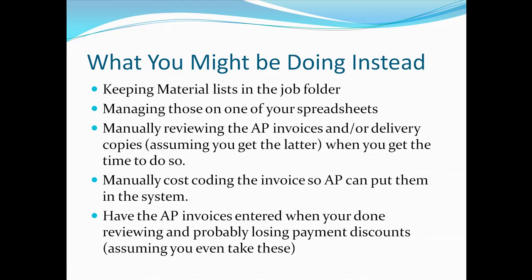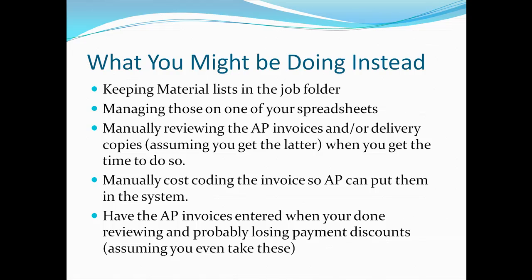What you might be doing instead, you could be keeping your material list in a job folder somewhere. Maybe you fax these into one of your vendors. You could be managing the delivery of these on one of your many spreadsheets. You could be manually reviewing AP invoices or the delivery copies, assuming you get these when you get the time to do so.